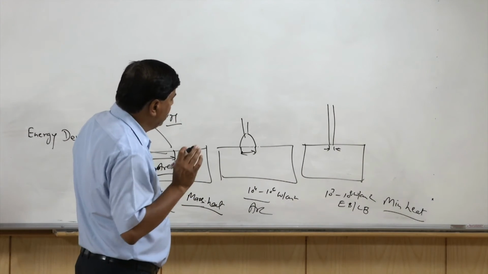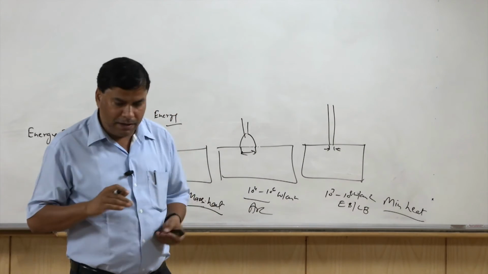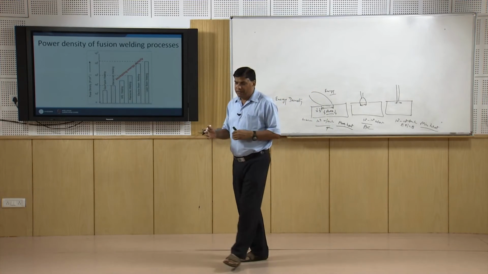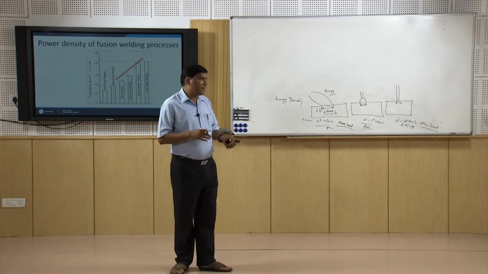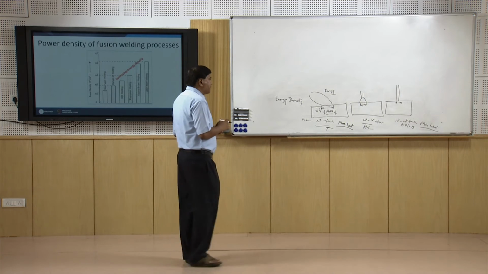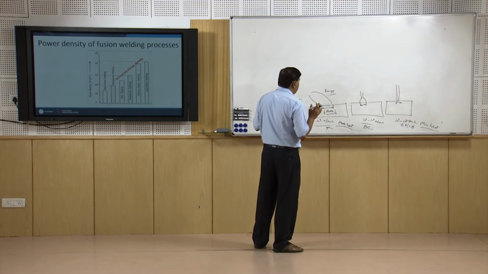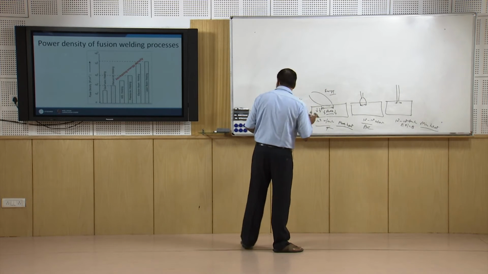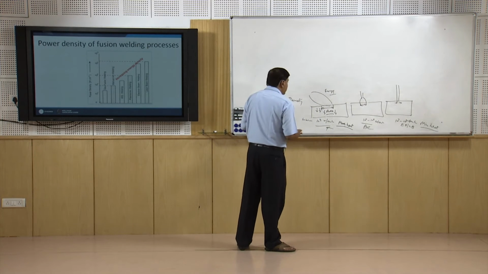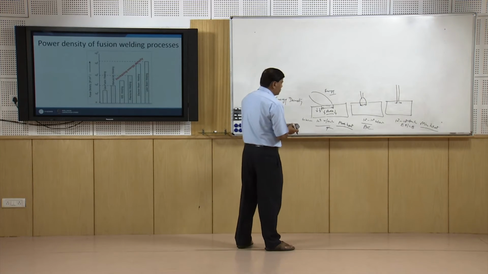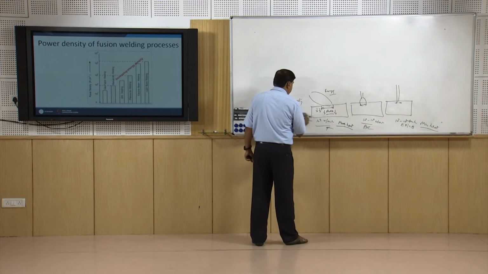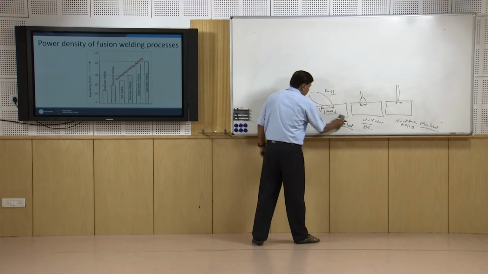The amount of heat required for fusion, so that the joint can be made, varies with the energy density, and that amount of heat significantly affects the joint capability or the performance of the joint.